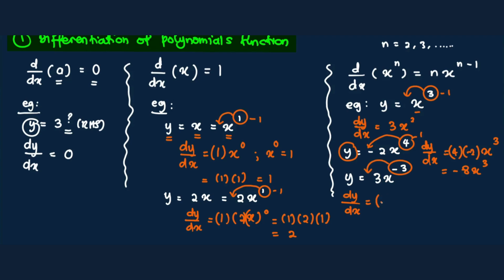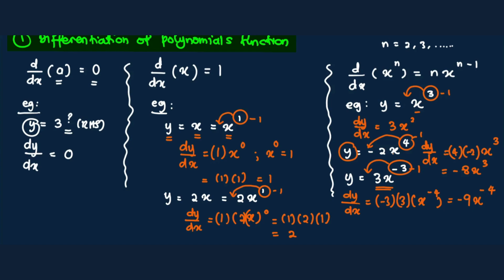So minus 3. We write again 3x. Before you write the power for your x, reduce it by 1. Then you will get negative 4. Simplify this, you will get negative 9x to the power of negative 4.